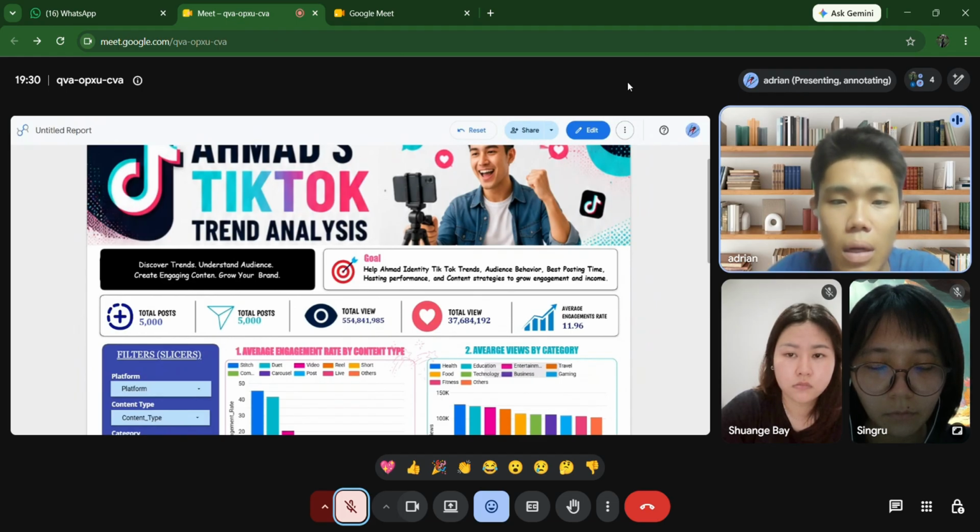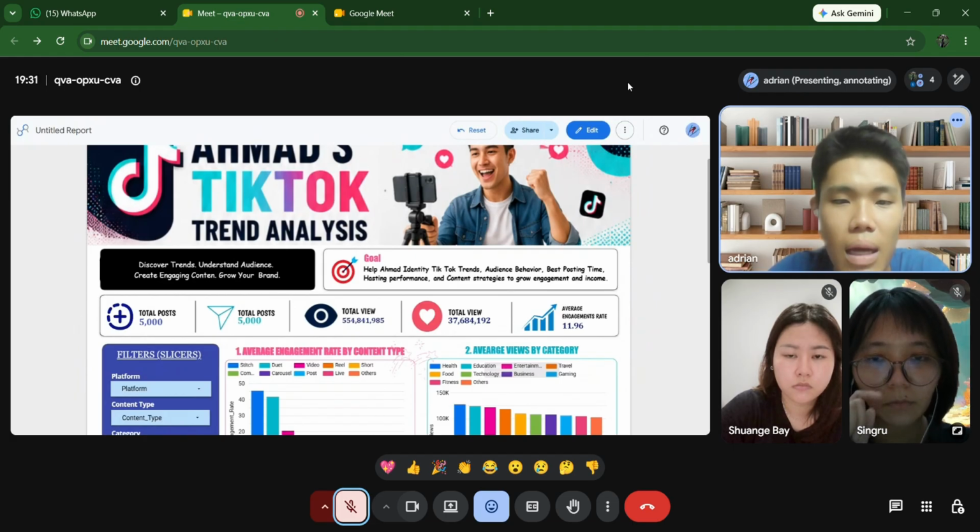For example, total views show how many people watch the content, while total likes show how many people enjoy or reacted positively to the content. The average engagement rate is also important because it shows how active the audience is compared to the number of views.